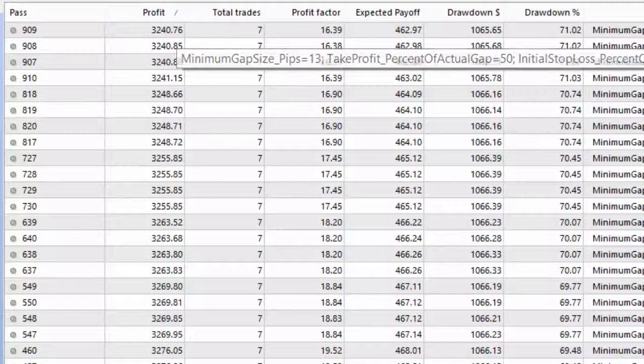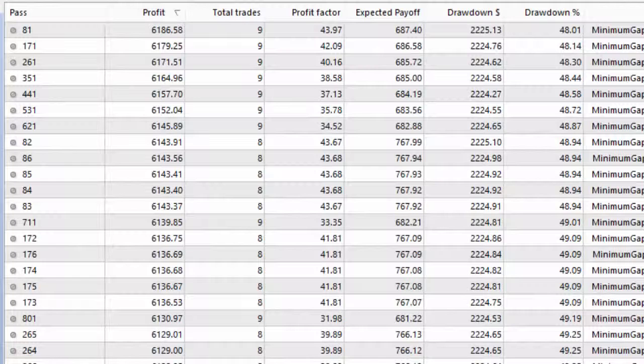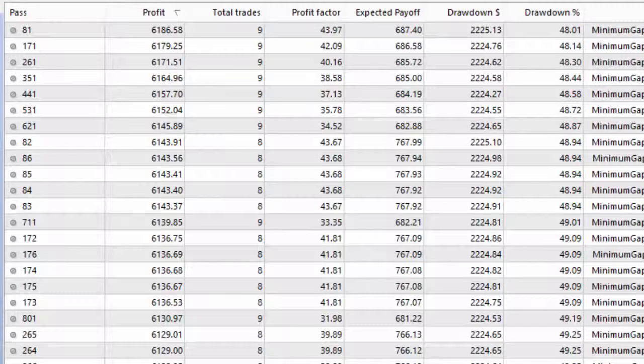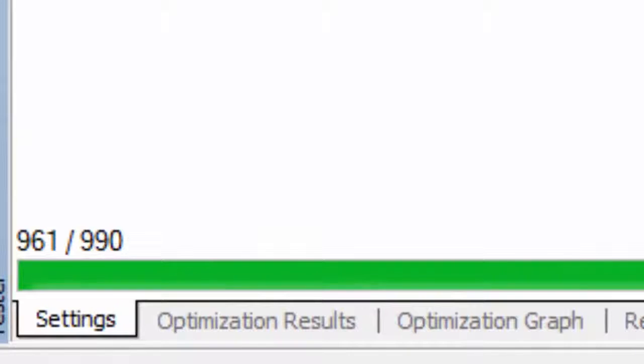The best result at the moment, the testing is still happening, is 6,186, which is slightly higher than achieved in the particular run that I showed you. So what this is saying is that if we can be profitable, highly profitable, with 1,000 alternative settings, then surely this EA is quite robust.